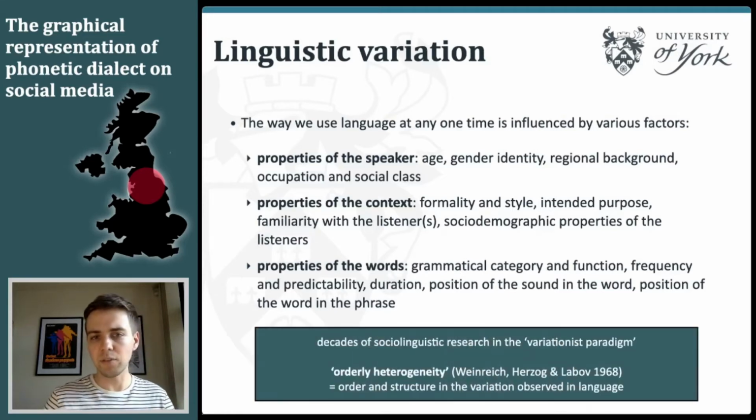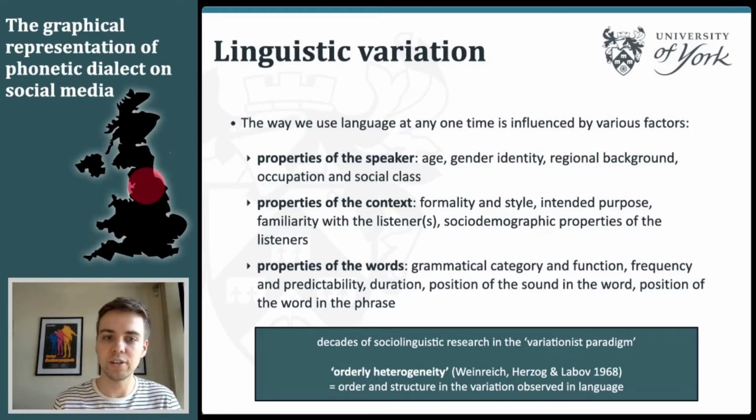And there's evidence of all of these things from literally decades of sociolinguistic research in what we call the variationist paradigm that was pioneered by William Labov in the 60s and many other scholars since then. And it really comes down to this idea, which I've put here in the slides, that Labov and others put forward in this classic paper from 1968 about orderly heterogeneity, which is basically a very fancy way of saying that the variation that we observe in language isn't just random and haphazard.